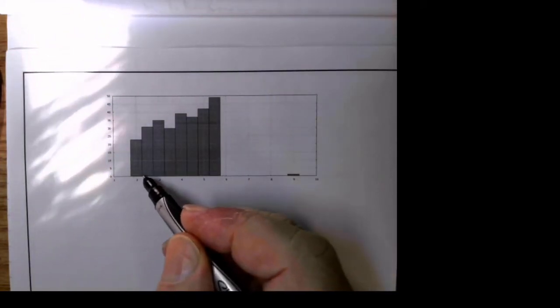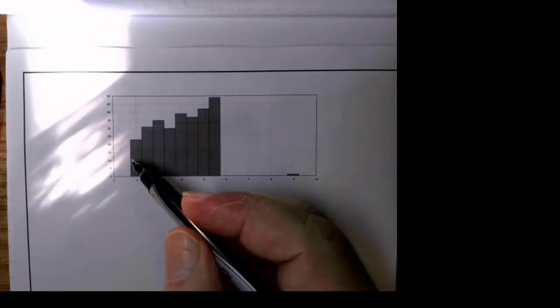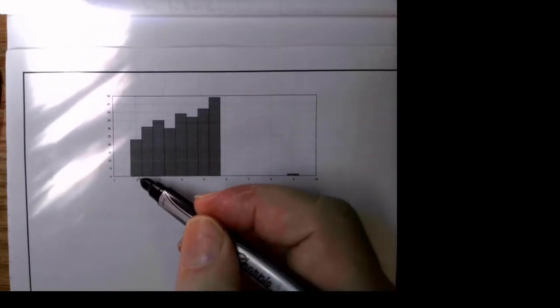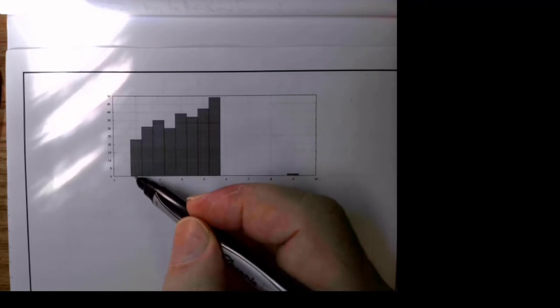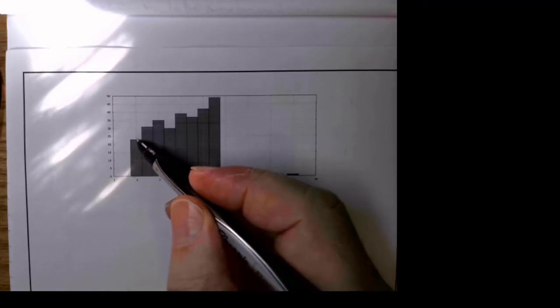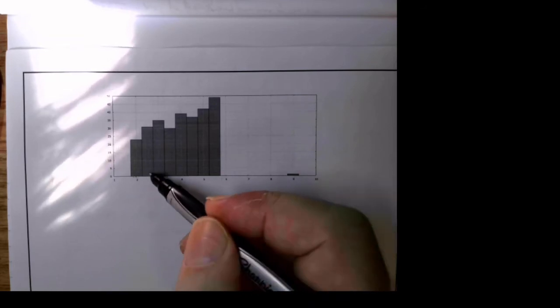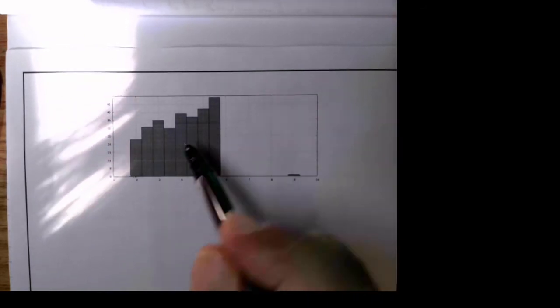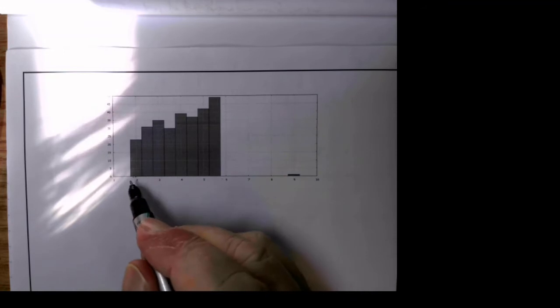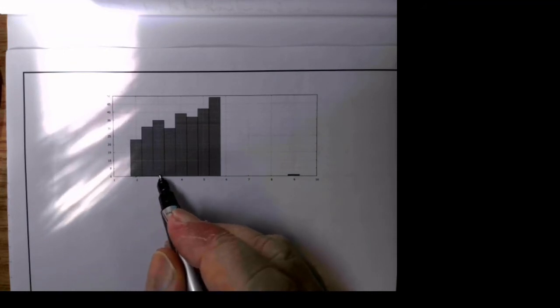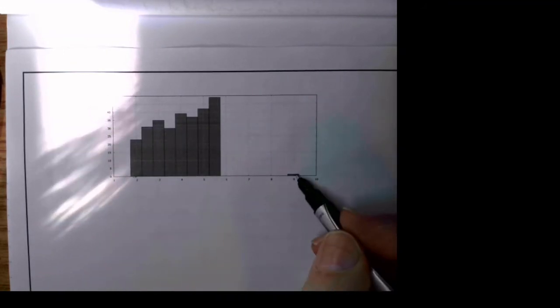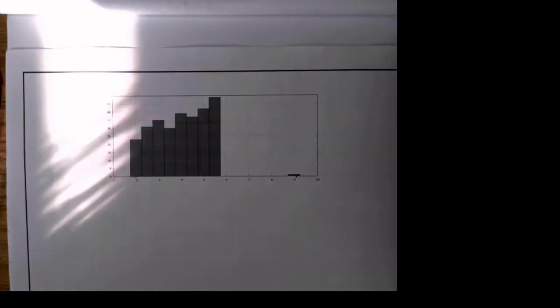Whatever these data values represent, let's say it's 1.5 to 2.5, there might be lots of different data points in there. There are about 25 or 26 data points lying in here, and even more in here and so on. All of this data, if you were to put points on the number line, there'd be lots and lots of points in here. And then over here, there'd be one solitary point far away.